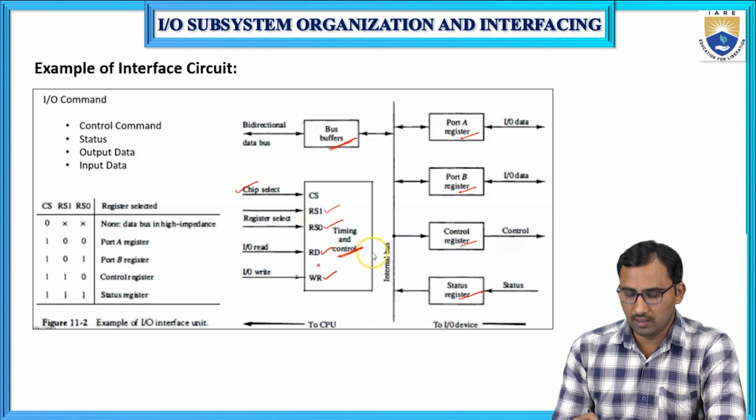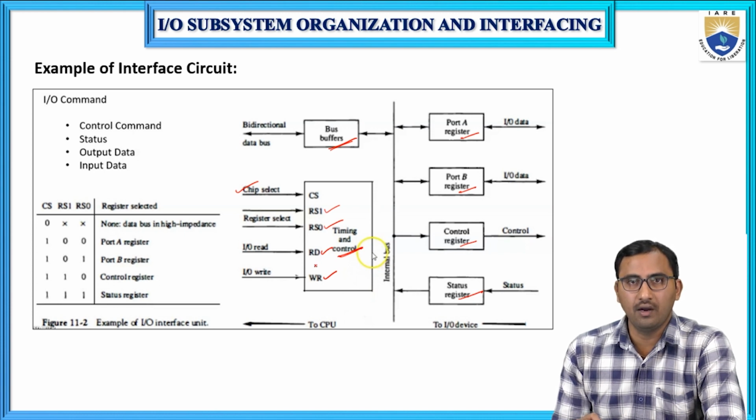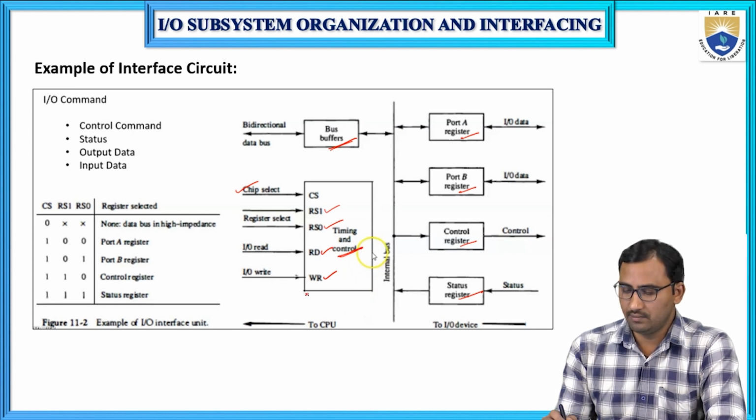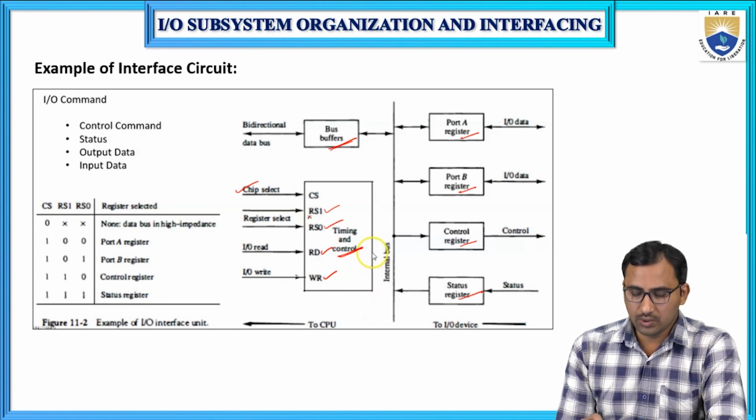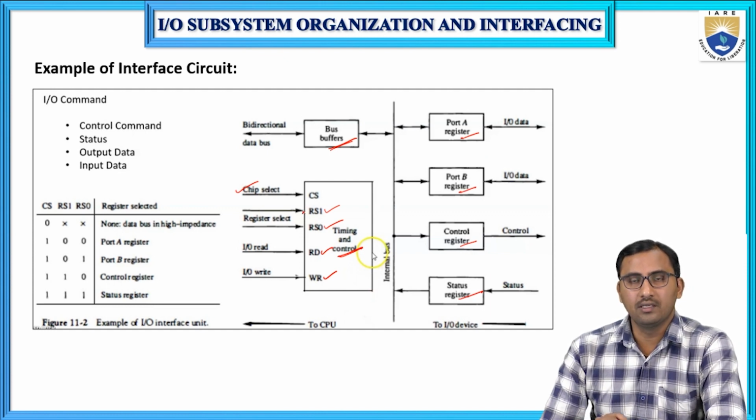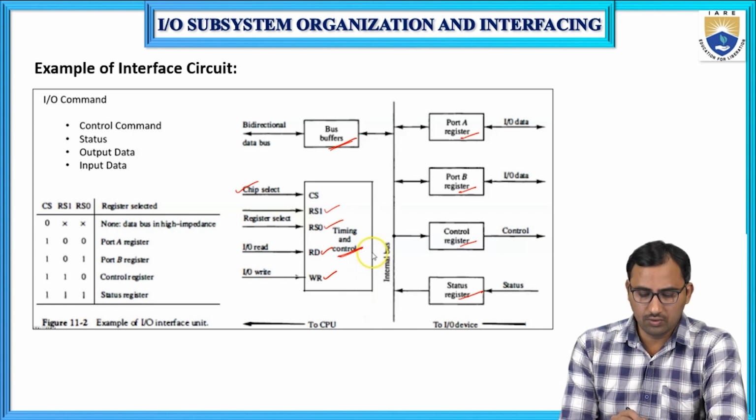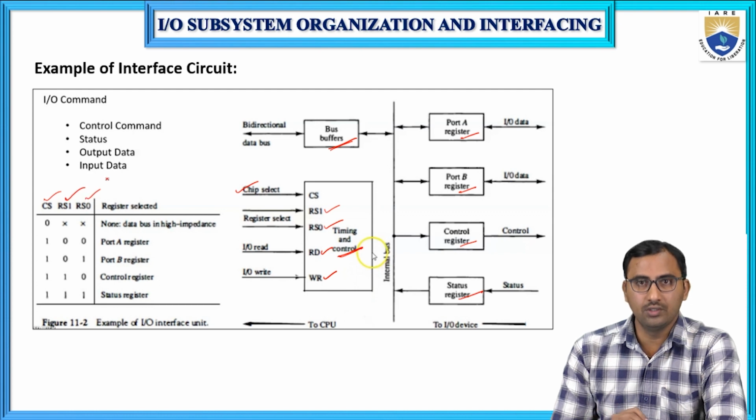So that's why a provision is given for read and write. With this chip selection pin CS and the register selection pins, we can select the required register.